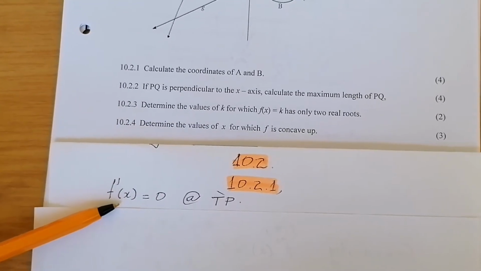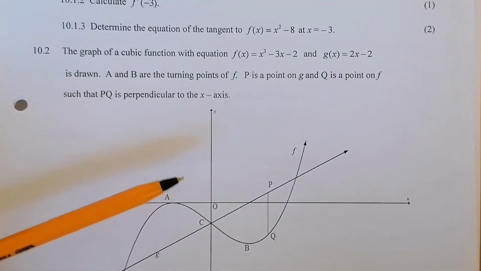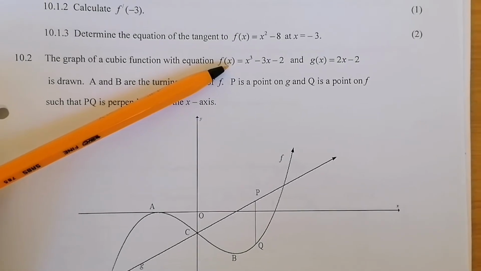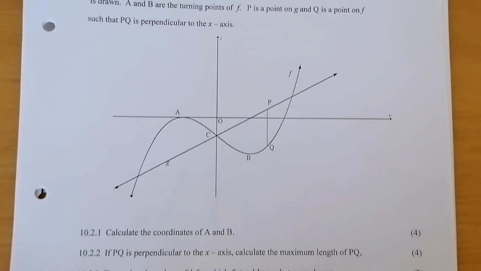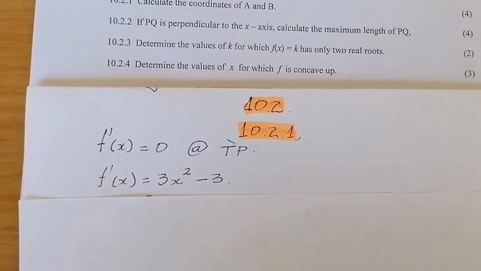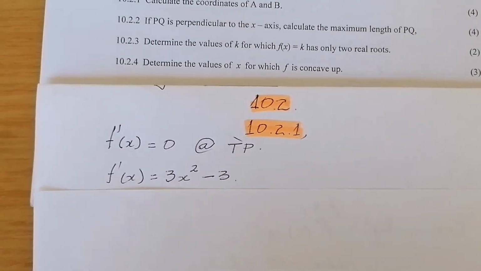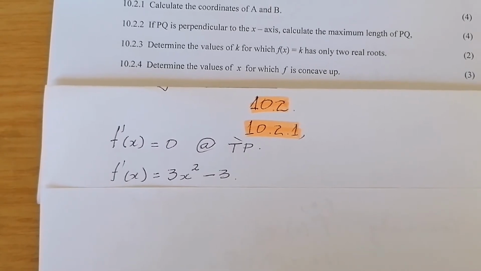Now, this means that we should differentiate the given equation of the function, which is that, and equate it to 0 and solve for x. Let's go and do that. Now, step number 1, I have differentiated the function and the gradient function is 3x squared minus 3.